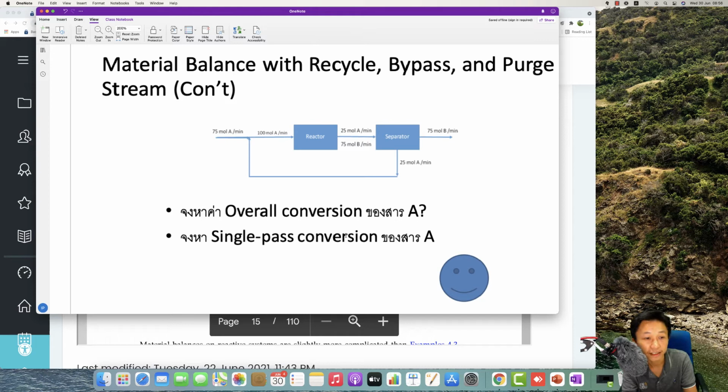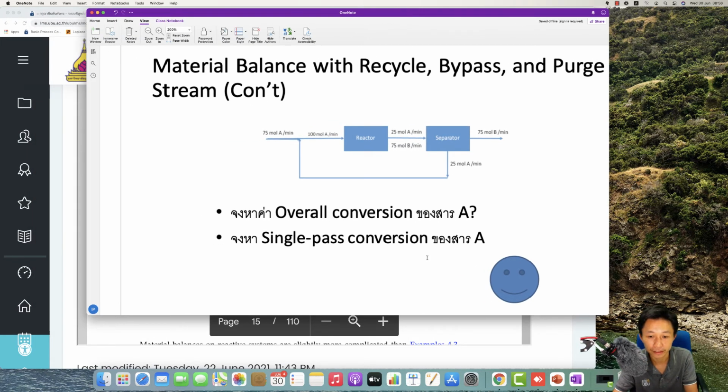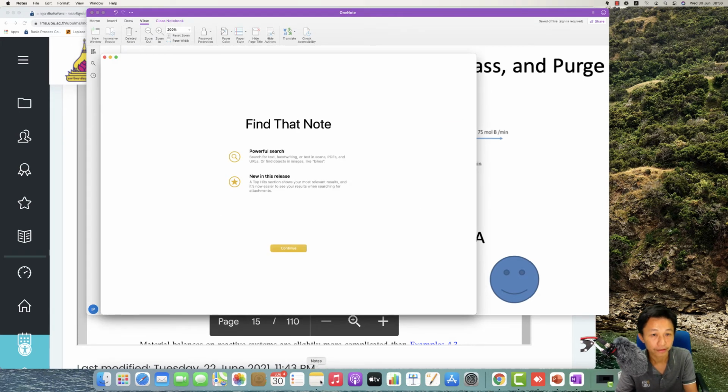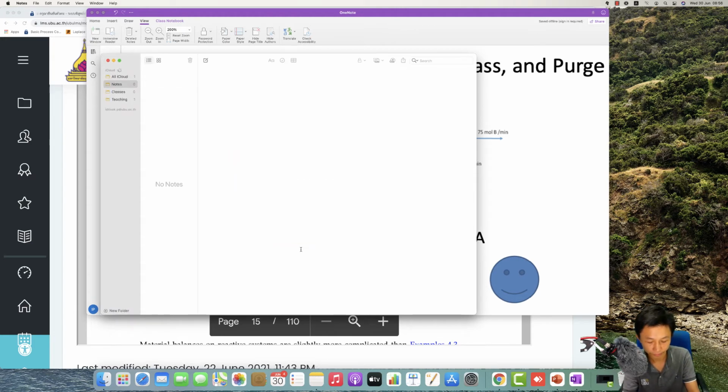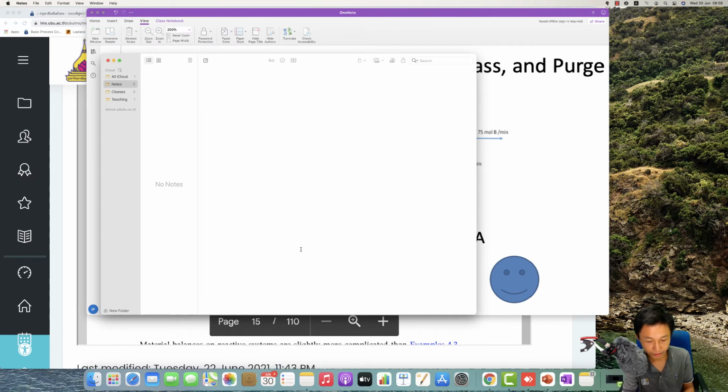It doesn't sing anyway. Okay, let's try another way. Page. Okay, note. Continue. Let me try using the notes first.